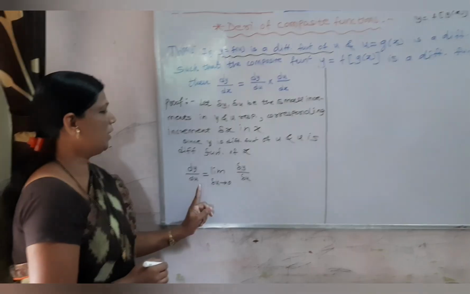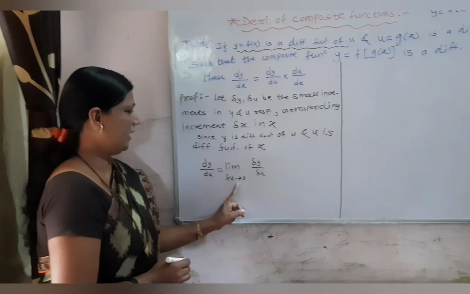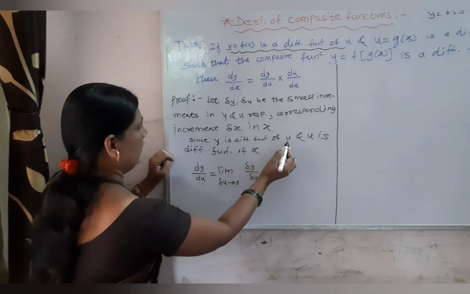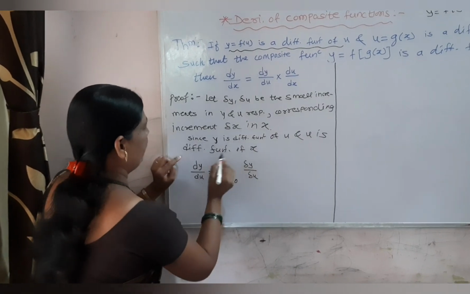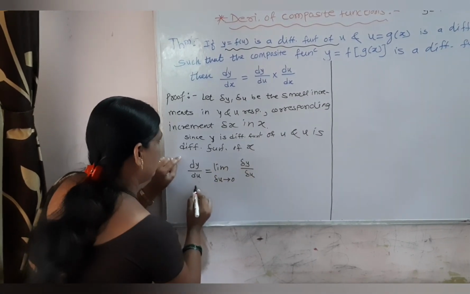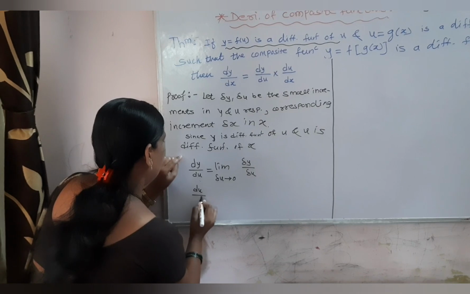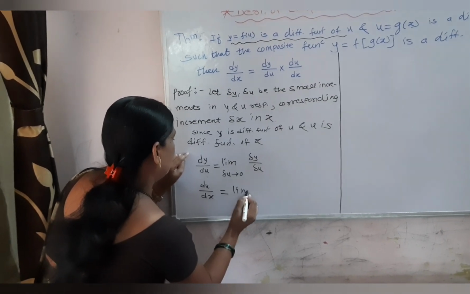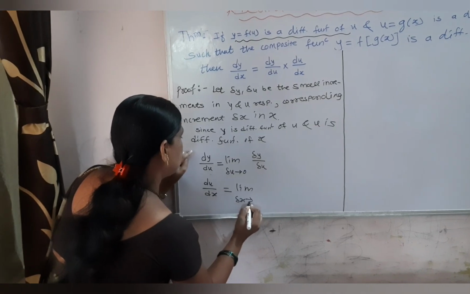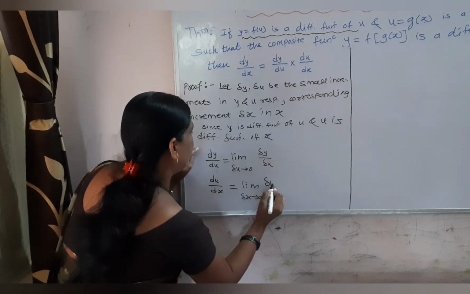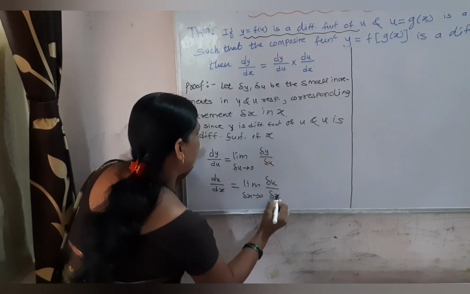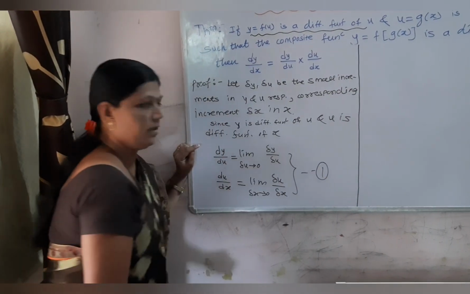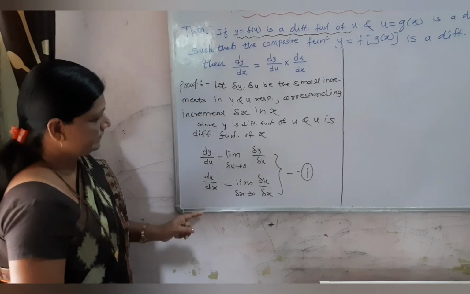So dy by du equal to limit delta u tends to 0 delta y by delta u. Then u is a differentiable function of x means du by dx is equal to limit delta x tends to 0 delta u by delta x. This is called equation first. We have to use this. Okay.